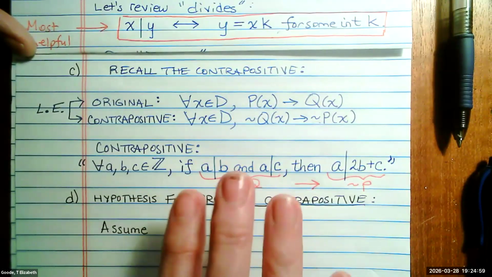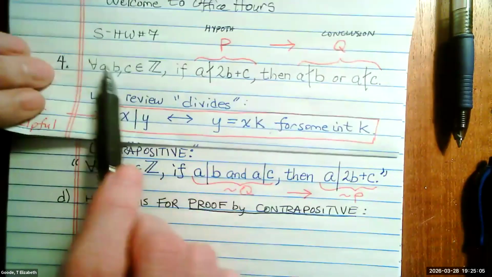So we should assume that A does not divide B. Oh wait, no. We should assume that A does not divide 2B plus C. Is that right? No, wait. I was focused on the wrong thing. Sorry. Right, because you're looking at the original statement, right?